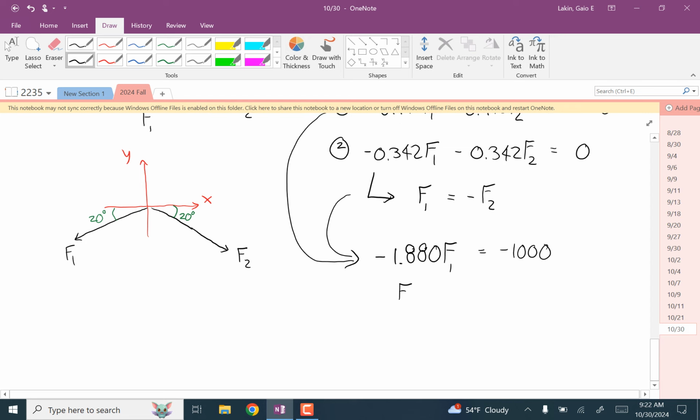And so F1 is equal to 531.9 newtons. And so F2 is equal to negative 531.9 newtons.